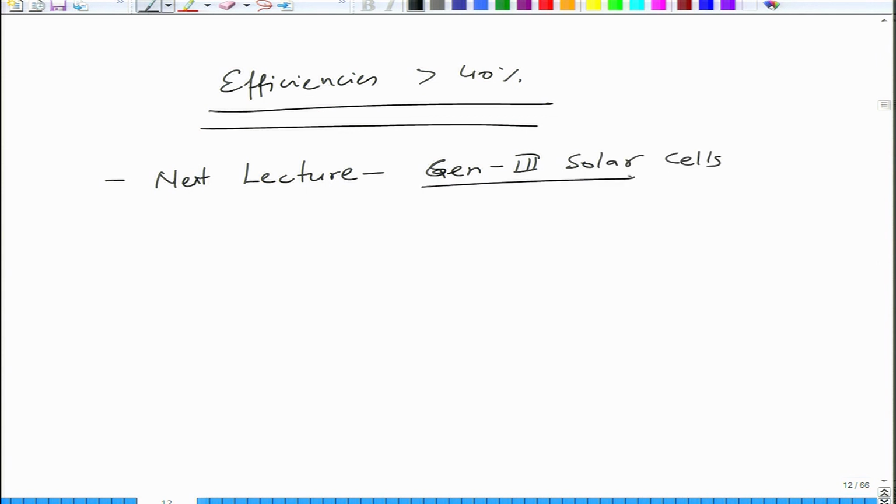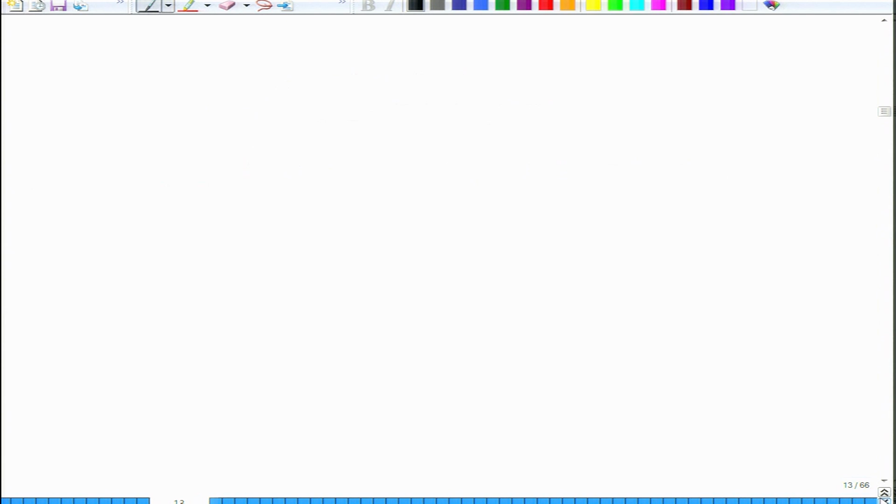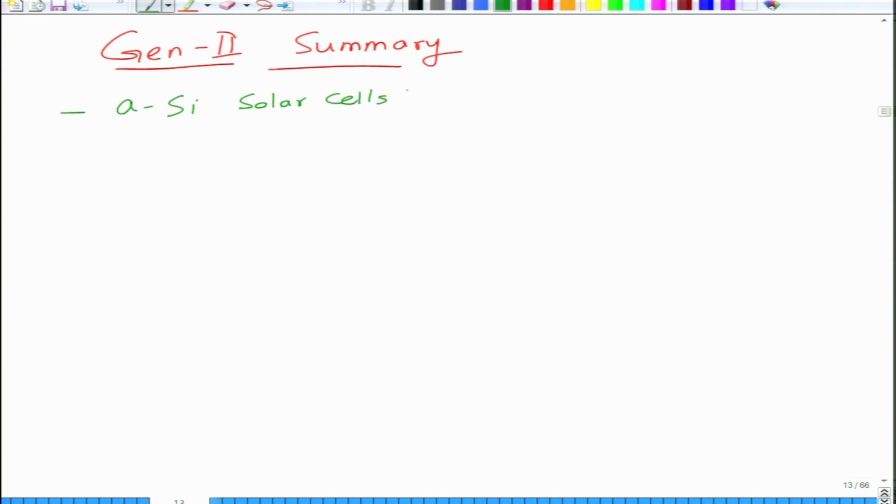Before we start the next lecture, let me just summarize this part. So in Gen 2, we first started our discussion with amorphous silicon solar cells. Amorphous silicon is a thin film solar cell which is based on a P-I-N junction.